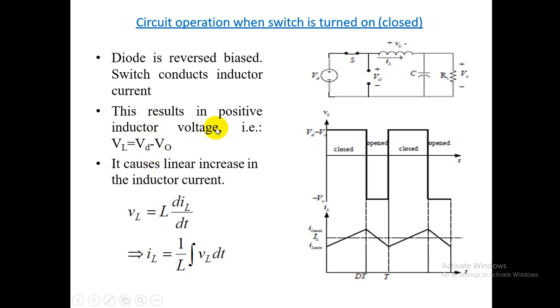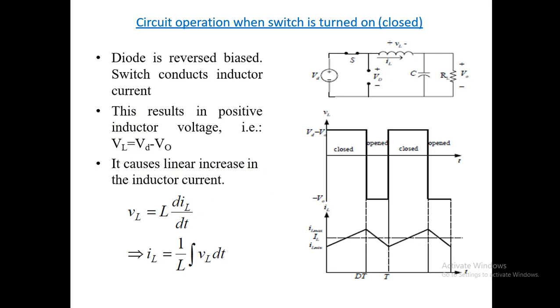Look at this. The result is a positive inductor voltage, that is VL equals Vd minus V naught. You get this value when you apply the KVL equation to the basic circuit when it's operating. It causes a linear increase in inductor current because the inductor doesn't allow a sudden change in current.